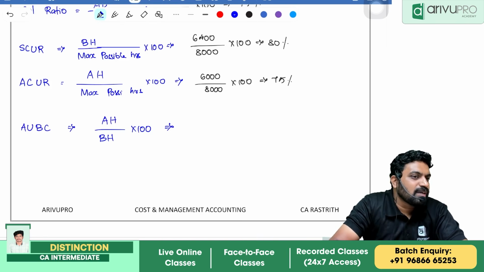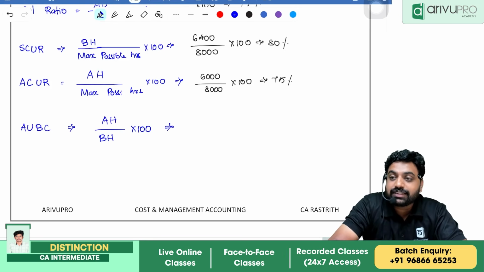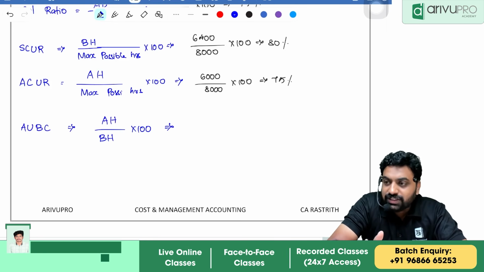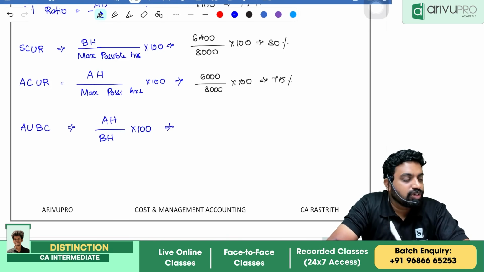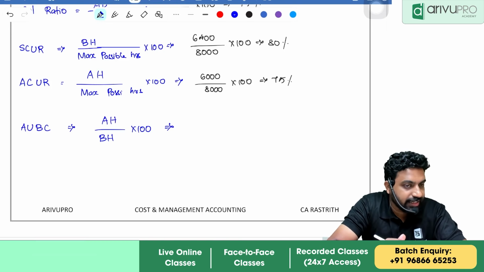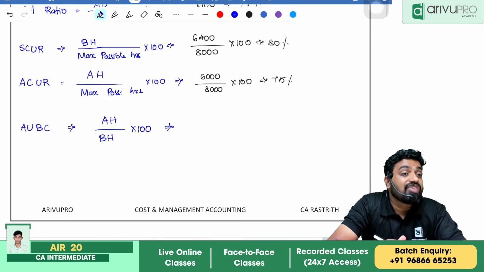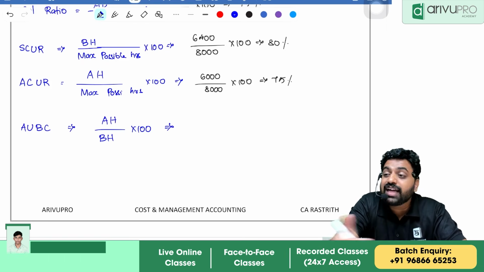What is the formula for capacity variance? How many hours we have actually worked and how many hours we should have worked. Actual minus budgeted into standard rate. When the actual is more, it is favorable because you are working for more than your capacity.